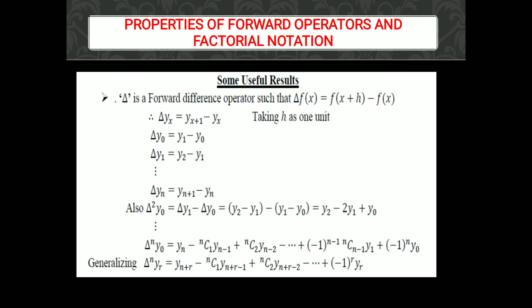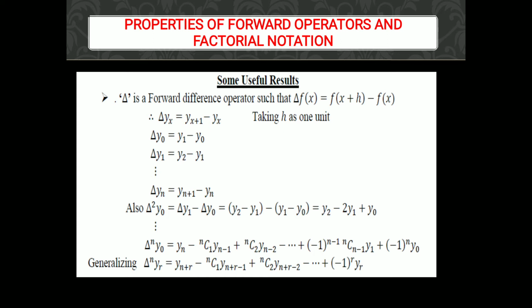Similarly, the nth order forward difference of y0 is given as delta raised to n y0, which is equal to yn minus nC1 y_(n minus 1) plus nC2 y_(n minus 2) minus and so on, plus minus 1 raised to (n minus 1) nC_(n minus 1) y1 plus minus 1 raised to n y0.